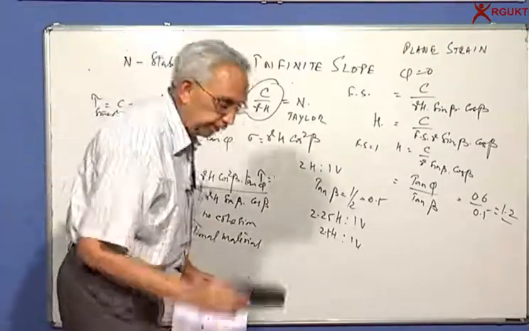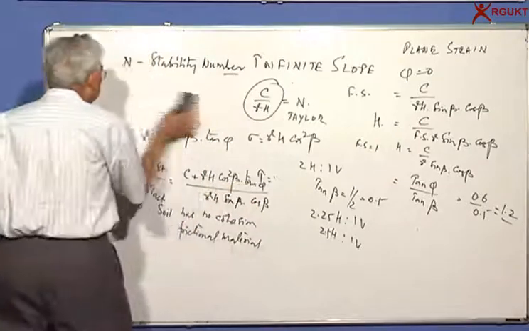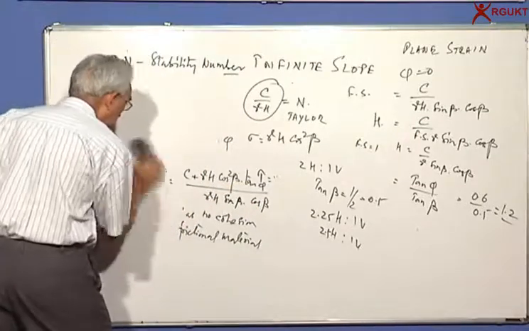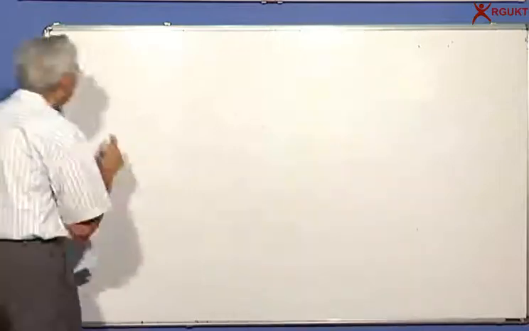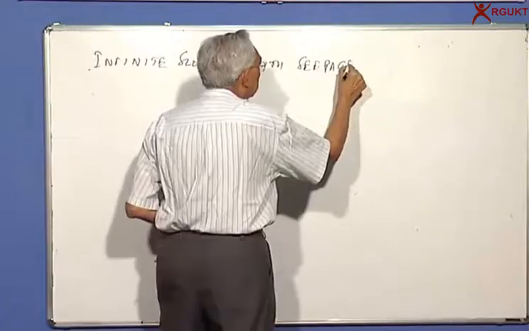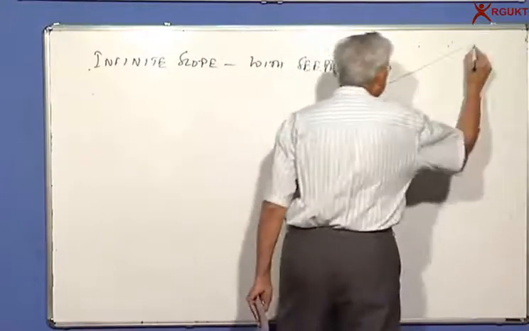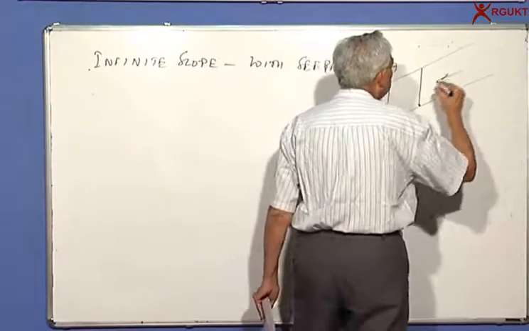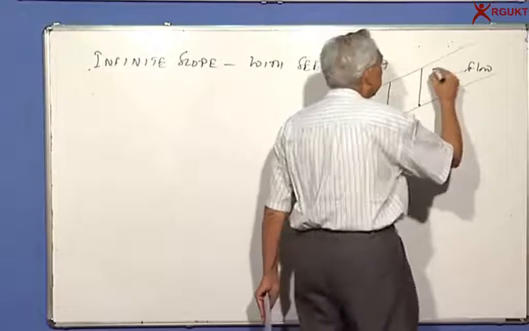Now suppose the slope is saturated and there is some flow. What happens? We have an infinite slope with seepage, which means the flow is taking place and the soil is saturated.